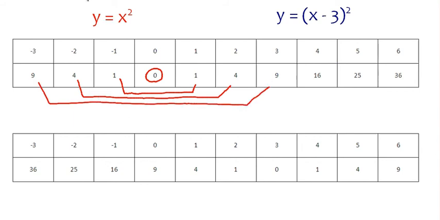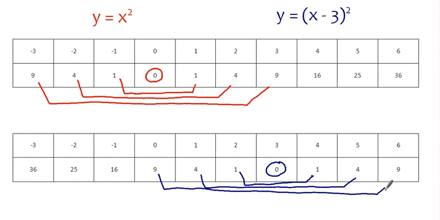We can make the same observation about the y values in the second table. 0 occurs once, and the rest of the numbers occur twice and are symmetrical around 0. What's interesting is to compare where that symmetry occurs. In the top table, the symmetry occurs when x is 0, whereas in the bottom table, the symmetry occurs where x is 3.